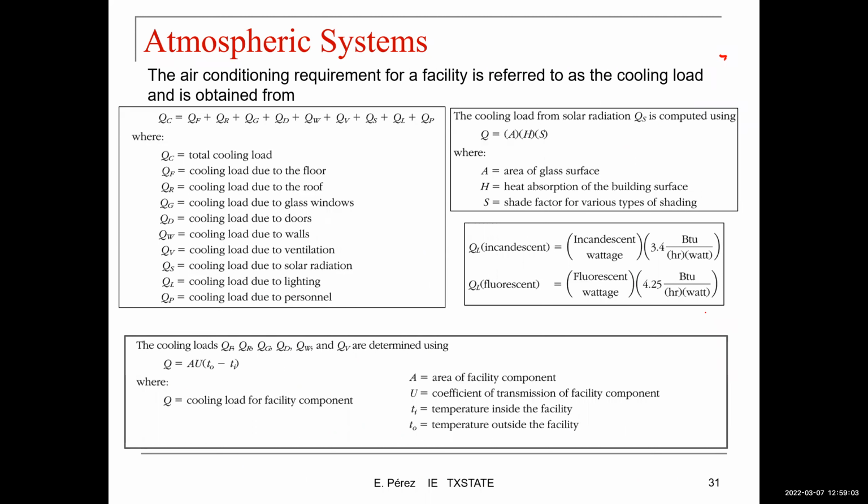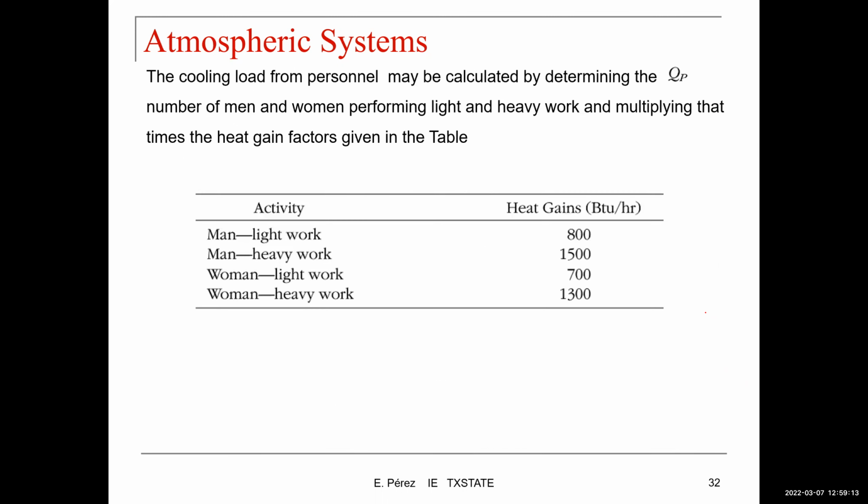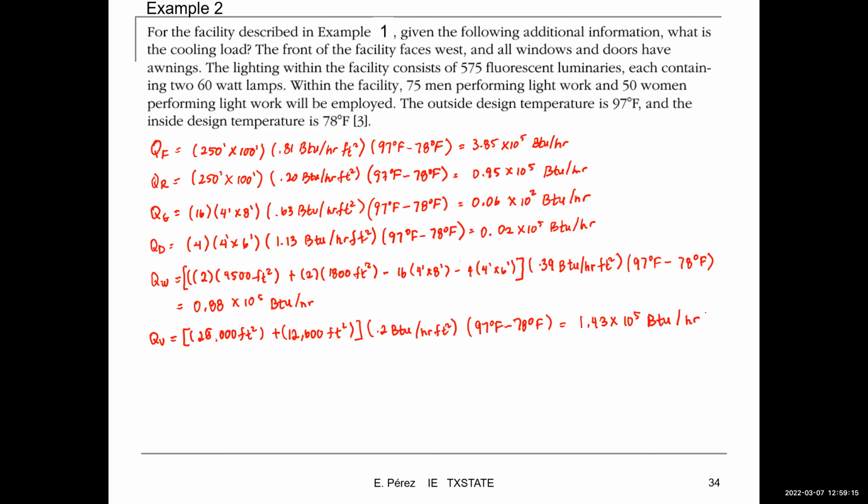H is the heat absorption of the building surface, and S is the shade factors for various types of shading. So these are parameters that are again based on the location and the type of materials that we are using. So I'm going to put that information here for this facility.